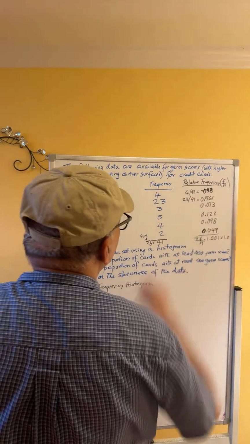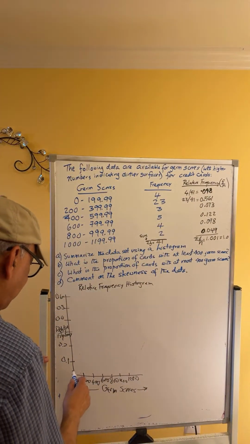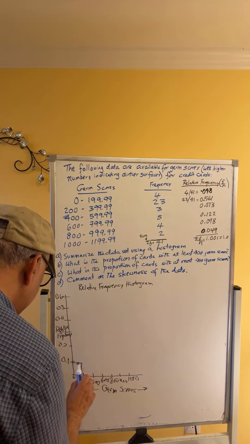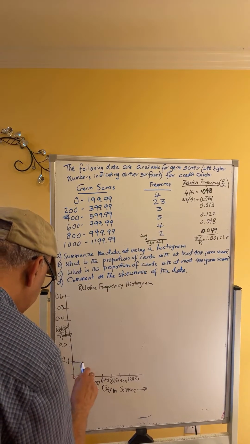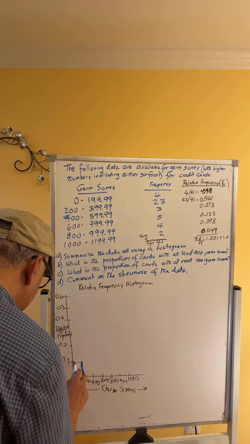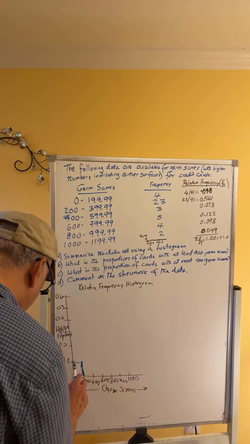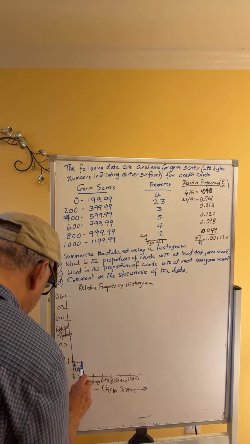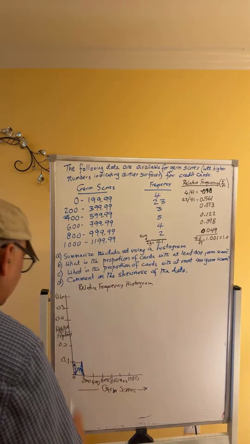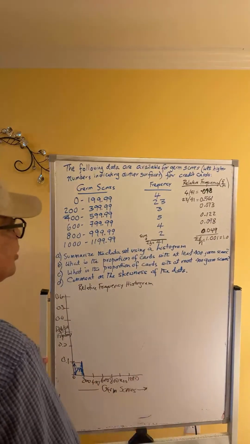Okay, so relative frequency is on the vertical axis and the groups are on the horizontal axis. The relative frequency of the first class is 0.098, which is very close to 0.1 actually. So the height of this class is 0.098. The height of each rectangular bar is its relative frequency.